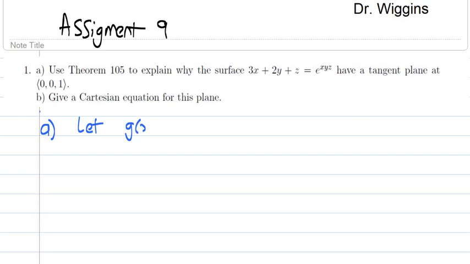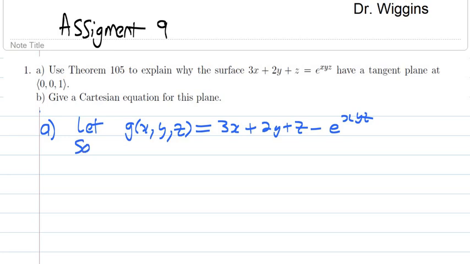Let g be a function of three variables defined as 3x plus 2y plus z minus e to the power xyz. So the surface that we are studying is when g is 0. So the surface is when g equals 0.